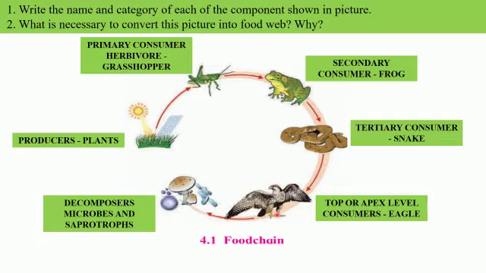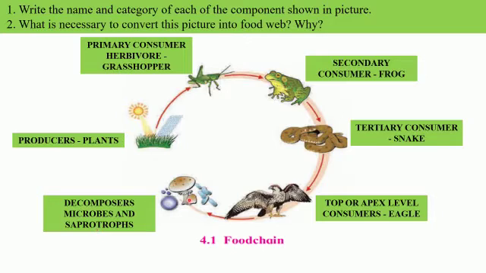Now when all these plants and animals die, the dead bodies of these organisms are decomposed with the help of microbes and saprotrophs, which decompose the dead and decaying organic matter.